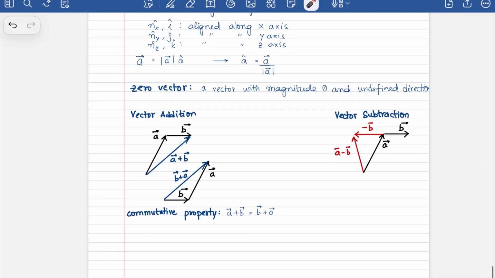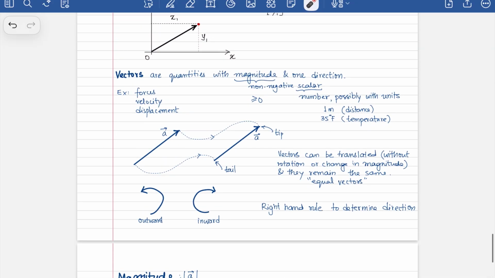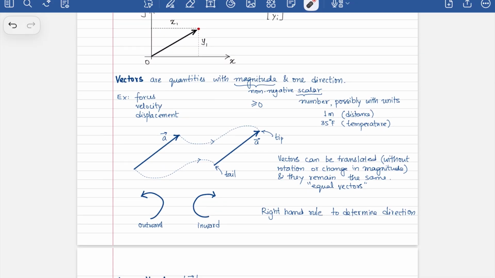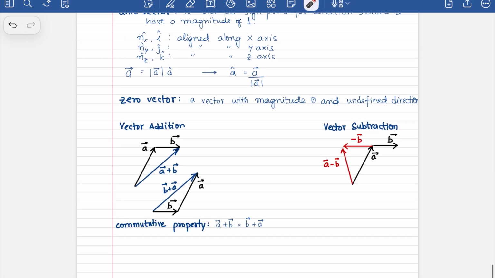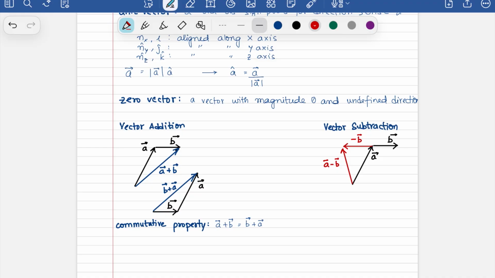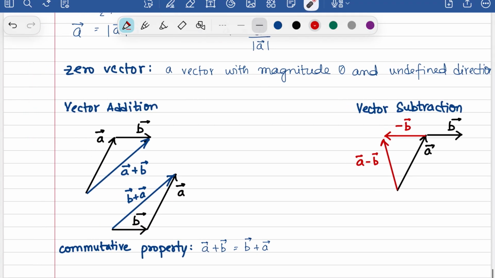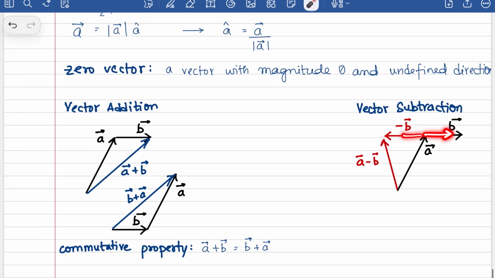No. You have to keep in mind that vectors always have a non-negative scalar magnitude. So when you're actually doing this operation here, you're changing the unit vector of B, you're just changing the direction. So you're assigning a negative to all the components of that unit vector.